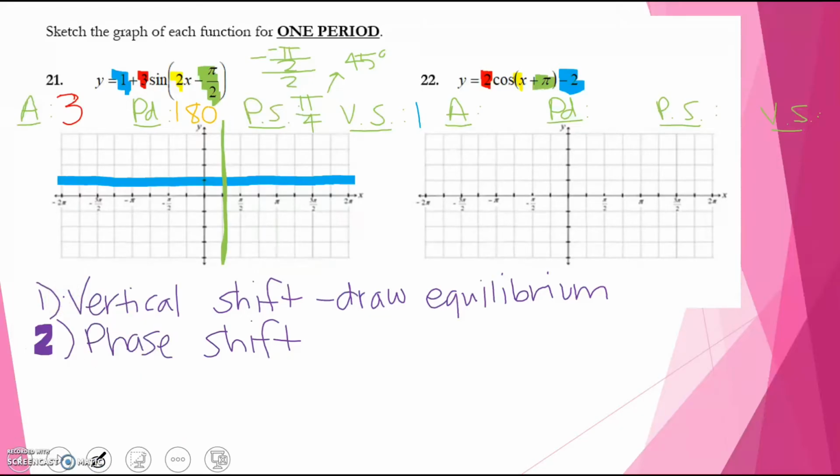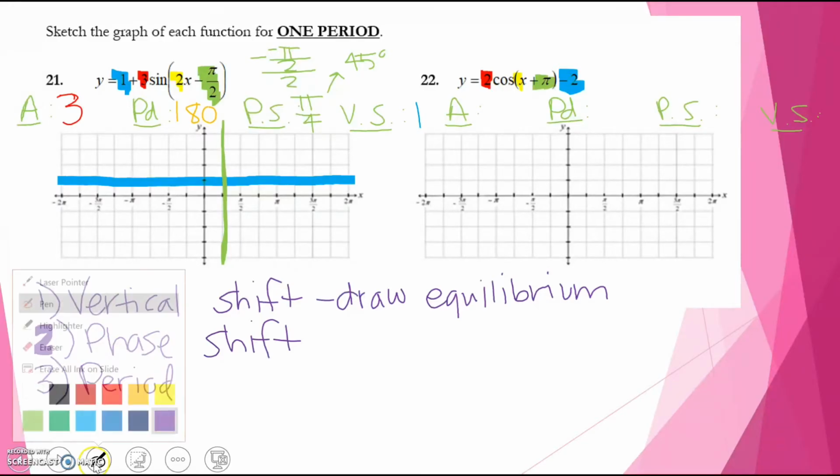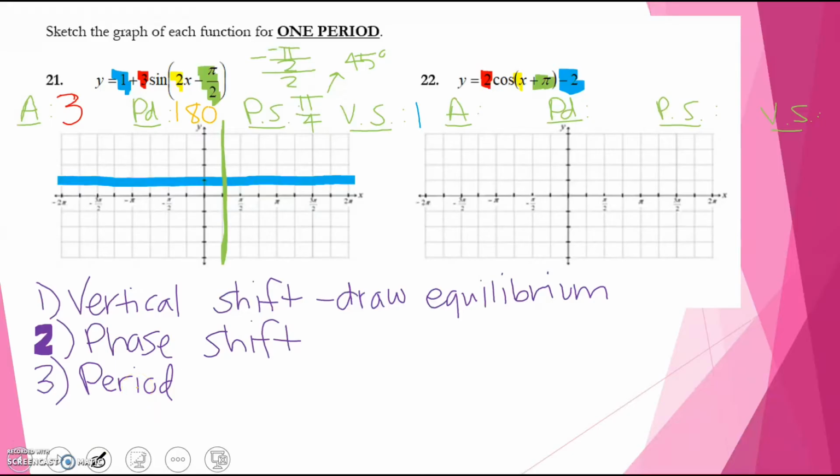So then the next thing you want to do is the period. So remember, the period is how long this graph goes, starting from the starting point. So in this case, it's 180. So that means that from that green line, it needs to last for 180, or pi.